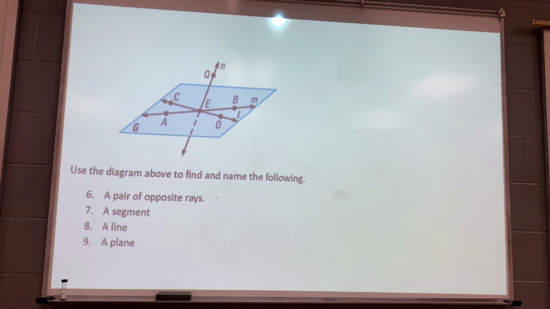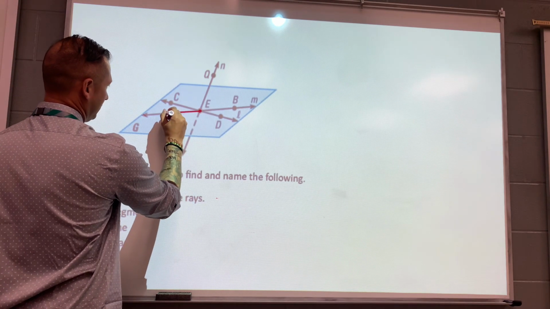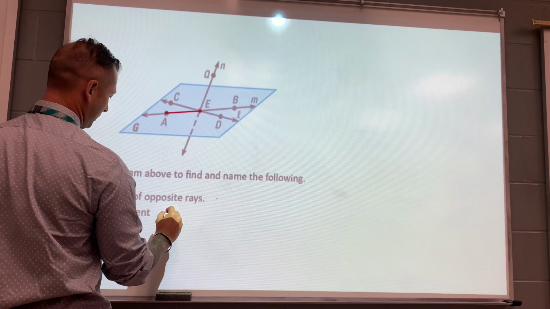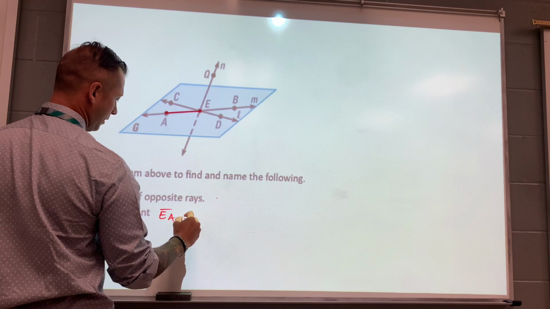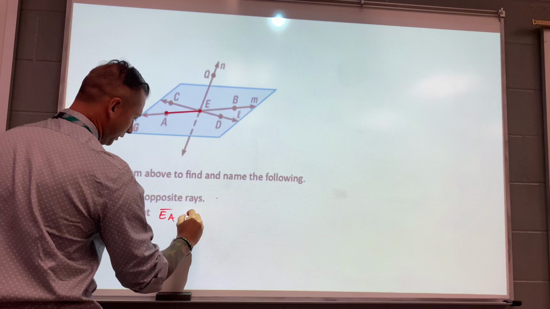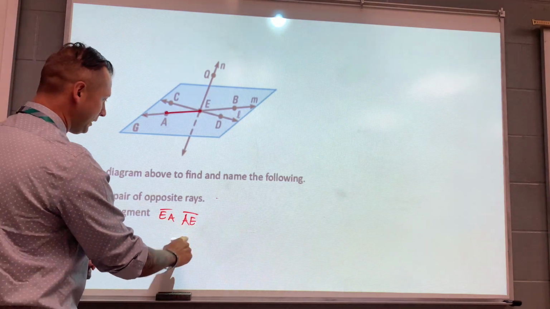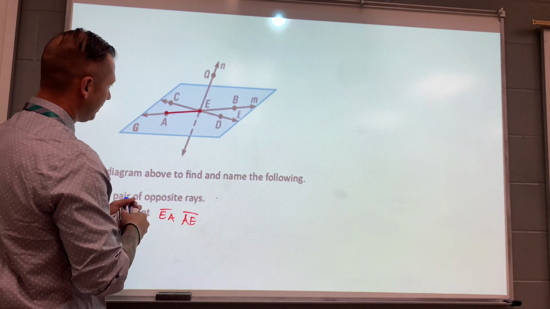All right, number 7, a segment. So there are a ton of segments that we can use. So there's EA, and you can use the reverse of these also. AE, segment EA, segment AE, and really any one of these.